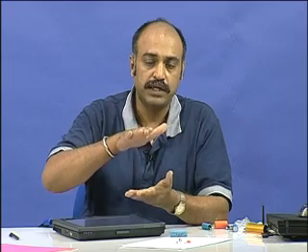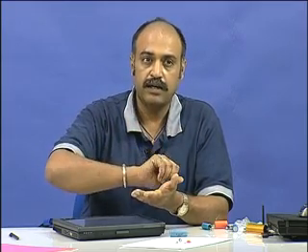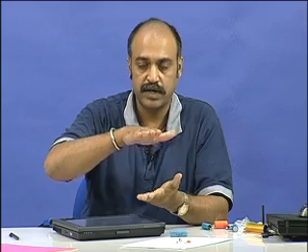There are two things which are going to determine the size. One is the voltage. If you need to design a capacitor which is supposed to withstand a very high voltage, then you need to have a dielectric in between which can withstand that field, that voltage, and therefore the size grows up.